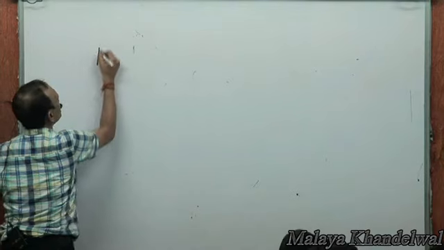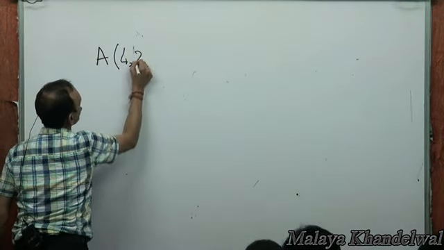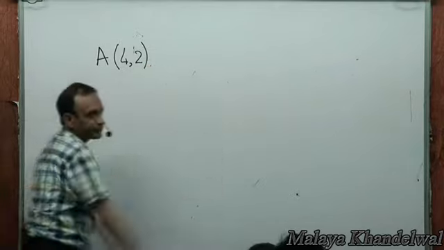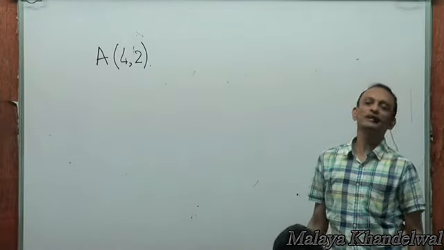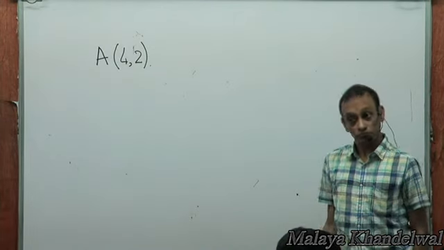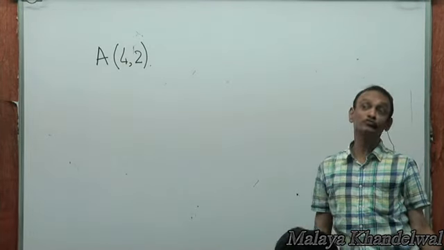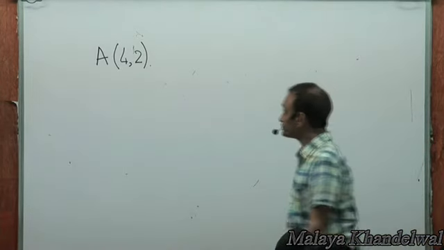Say there is a fixed point A, 4, 2. How many lines can I draw passing through the fixed point? Infinite. There is a family of concurrent lines passing through 4, 2. Yes or no?